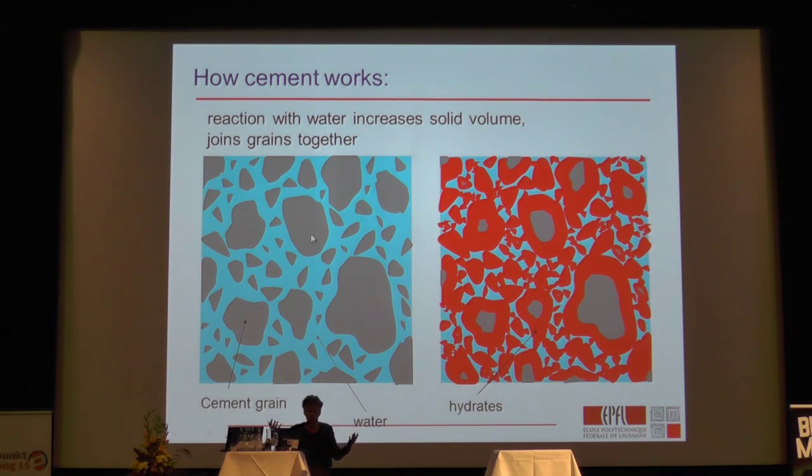So the extra solid volume produced can fill in the space between these cement grains, can link them together, and can transform the material to a strong solid, containing pores, but nevertheless with very good strength and durability. Now, to do that, we need to have compounds that can be transported in the water and move through space.